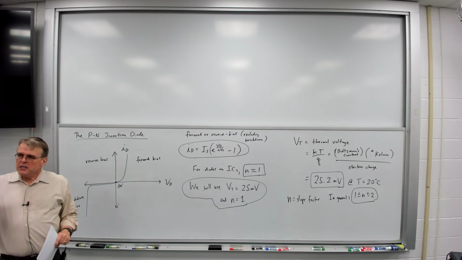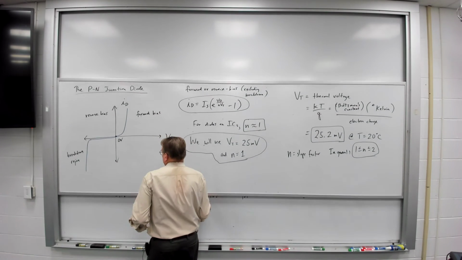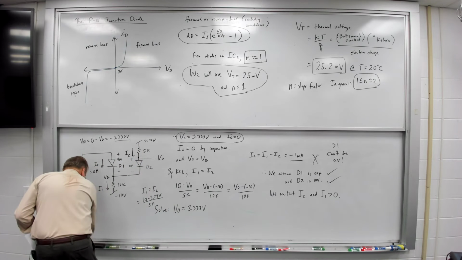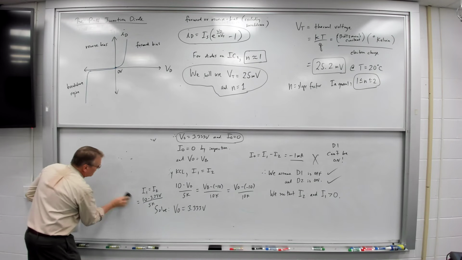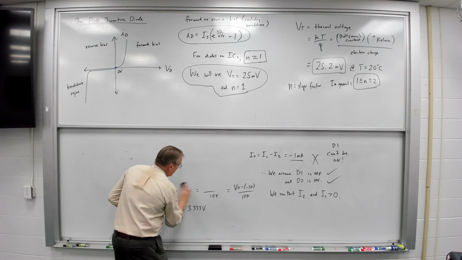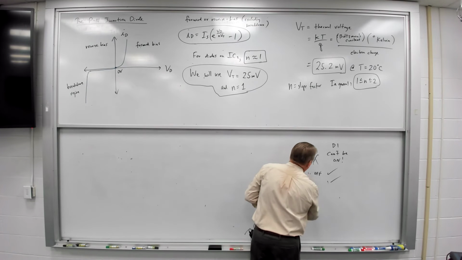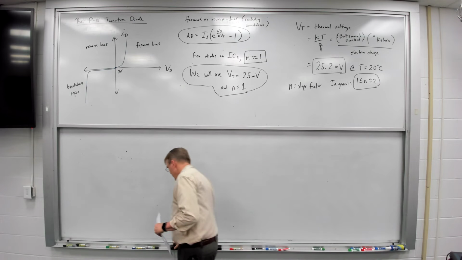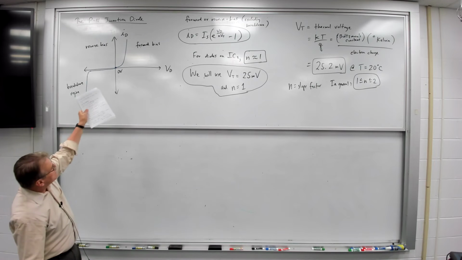So let's make a couple of assumptions. Let's consider what happens when we're in forward bias. We're on this side of the graph.